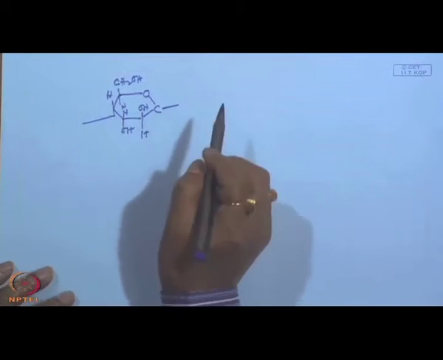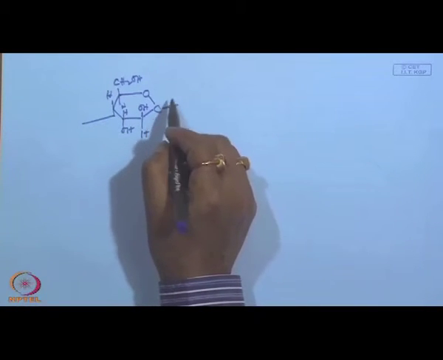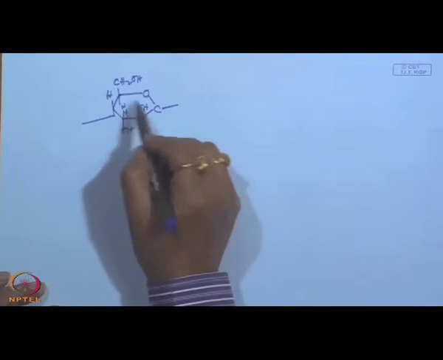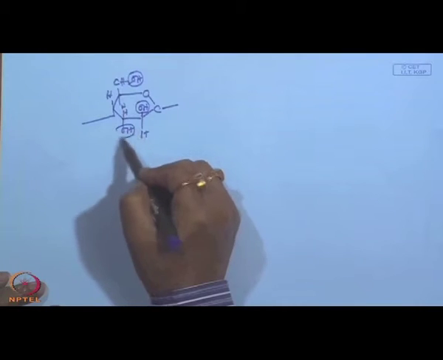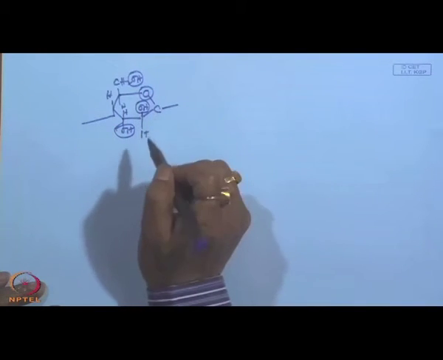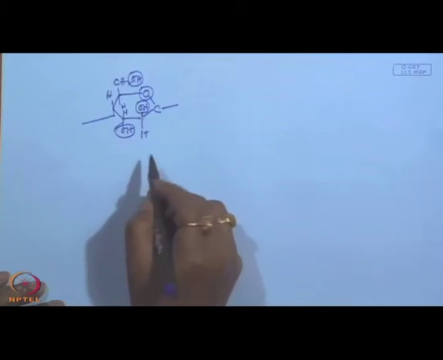So, it contains the anhydroglucose unit. Now, that anhydroglucose unit contains these hydroxyl groups, primary and secondary hydroxyl groups, as well as this oxygen atom over here. So, due to the presence of these hydroxyl groups, there can be intermolecular hydrogen bonds.